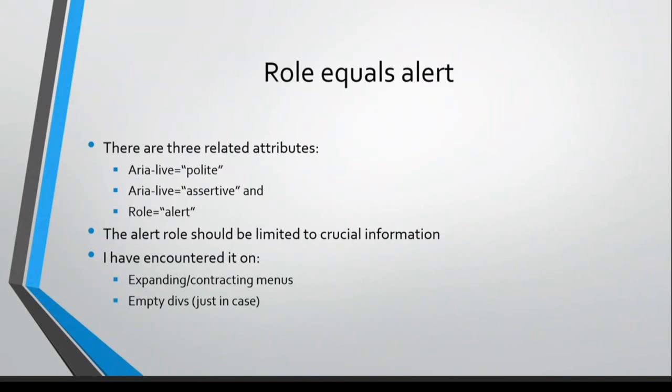The alert role should really only be used if there's something really important, like you've missed out an important field, or there's something you really need to know about before you move on. I've come across it on expanding and contracting menus, and it shouldn't be there. There's no need to have it saying alert every time the thing opens and closes. I've even come across it on occasions on empty divs, just in case, I suppose.